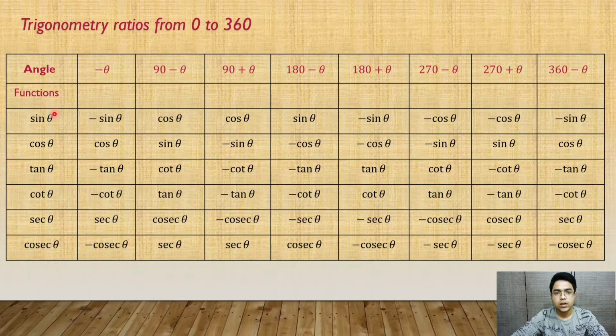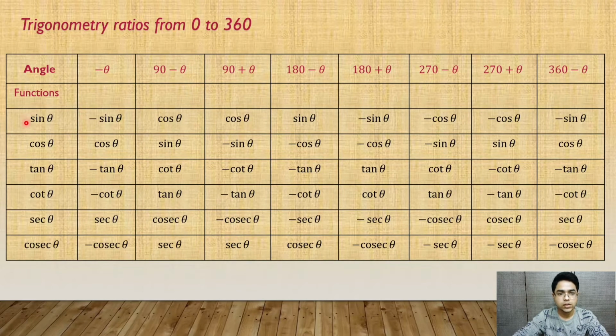For 90 plus theta, which is in the second quadrant, sine theta and cosec theta values will be positive, but as it is 90, the sine theta will get converted into cos theta, and a reciprocating system will be developed here: sine theta to cos theta to sine theta, tan theta to cot theta, cot theta to tan theta, sec theta to cosec theta to sec theta.